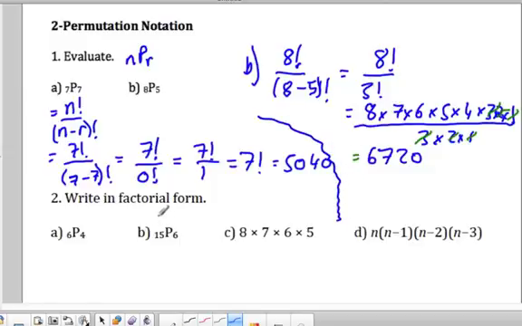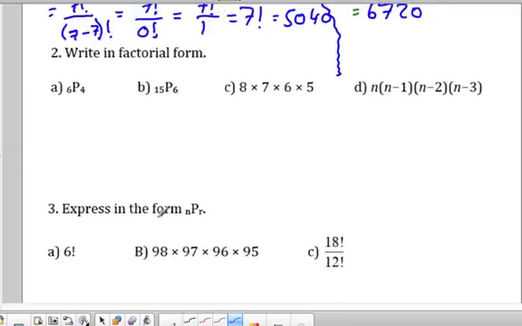Right, so if we're asked to write in factorial form, this is just where you're going to write it unsimplified. This is going to be n choose r, so it'll be 6 factorial all over 6 minus 4 factorial, which is equal to 6 factorial over 2 factorial.